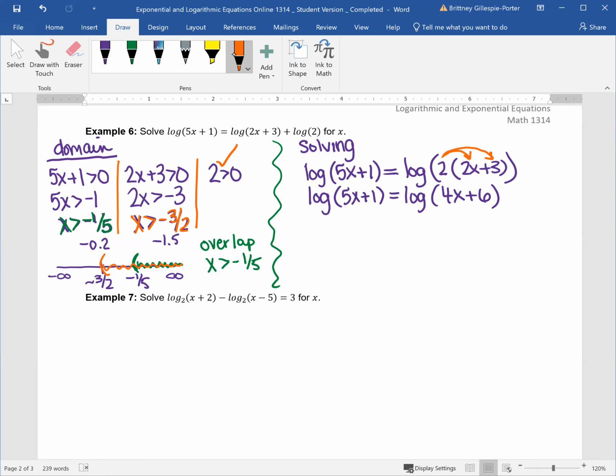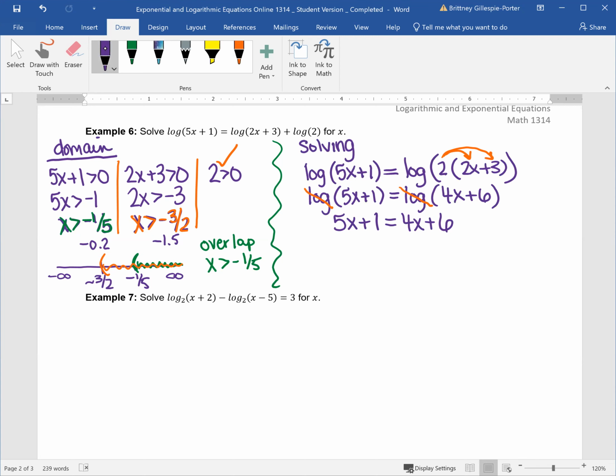The log shows up with the same base on both sides of the equation, so we get rid of them, just like when we had b to the x equal b to the a. We don't have anything added or subtracted outside of the logs, which is why we can get rid of them. And that means that we only have the arguments remaining: 5x plus 1 equal to 4x plus 6. Start solving.